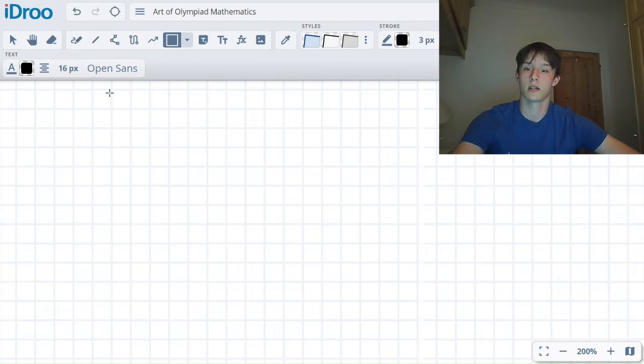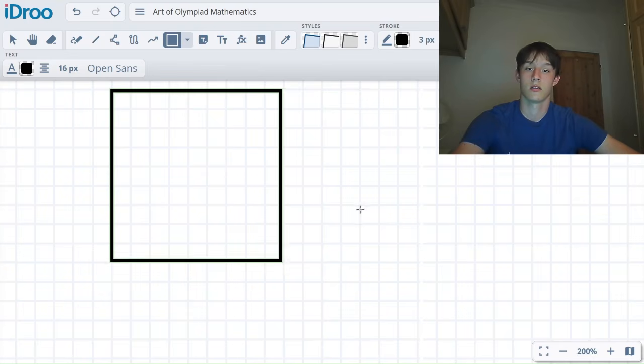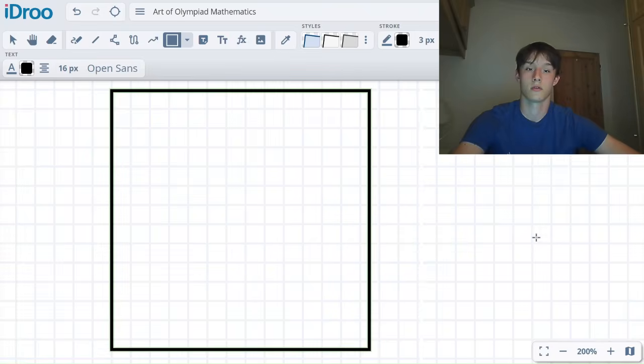And then let's make a 16 by 16 square. 1, 2, 3, 4, 1, 2, 3, 4. That's 8, right? Yeah, that's 8. And 1, 2, 3, 4, and 1, 2, 3, 4.